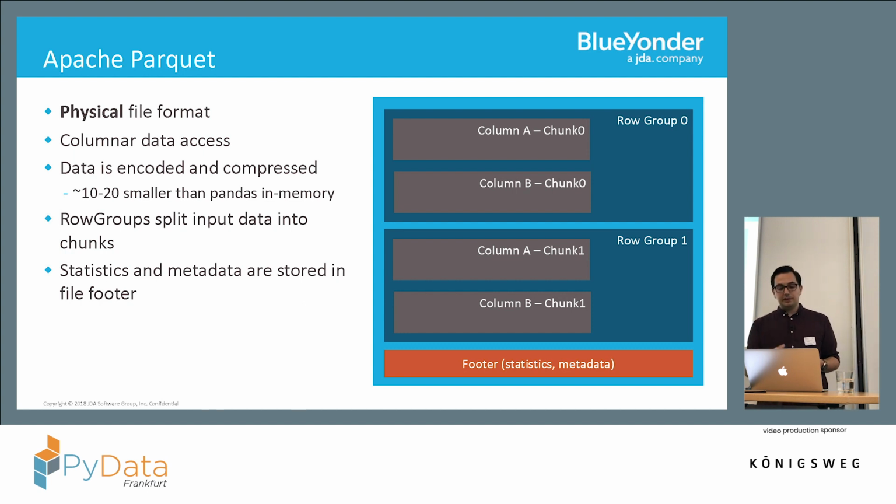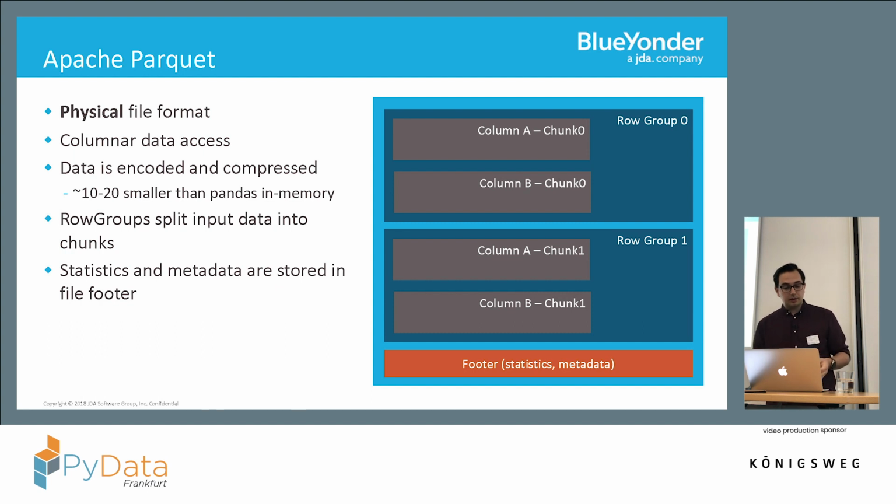A very simplified view of such a data storage file can be seen on the right-hand side, where we store chunks of every column in a certain order. By this, we can calculate certain statistics which are stored at the bottom of the file. So if I want to read only a subset of the data, I look up where this subset is living, and then I only read maybe half of the file or maybe only 5%.